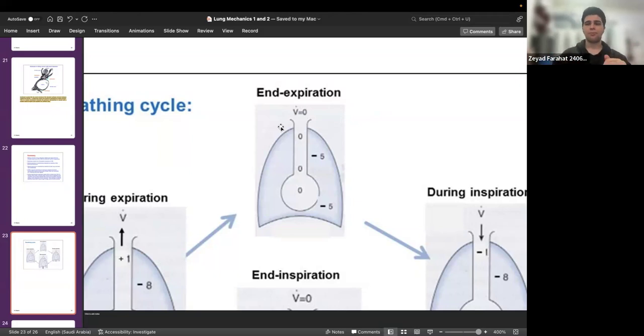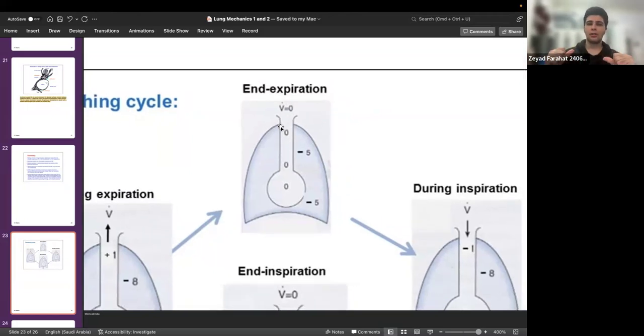You're not doing anything. So how do you attract the air inwards? Remember from the volumes, we said that there needs to be a pressure change for things to expand and contract. The same goes vice versa. So if you increase the volume, the pressure decreases.